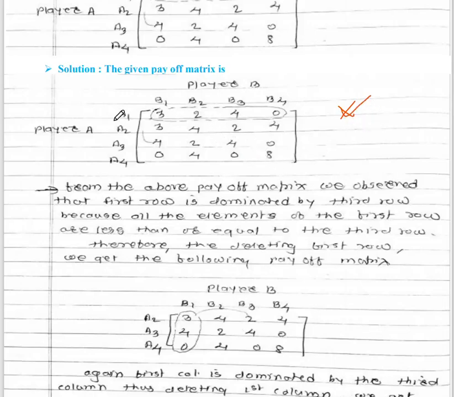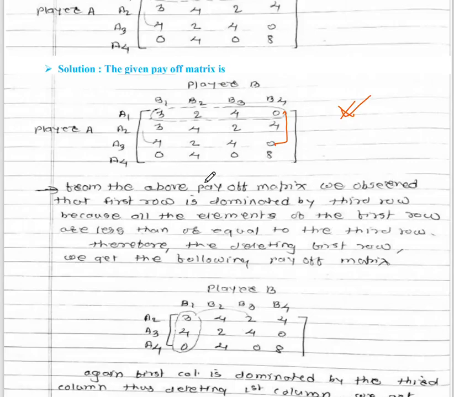If you observe rows 1, 2, 3, 4, the first row and third row, all the elements of the first row are less than or equal to all the elements of the third row.